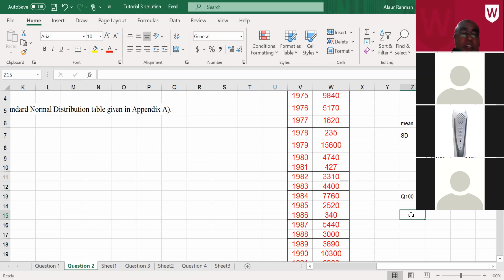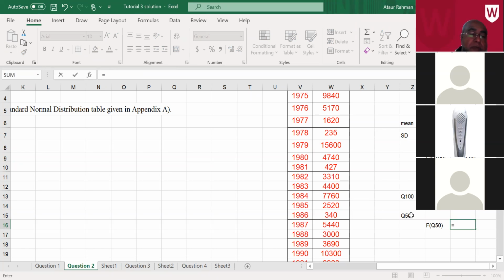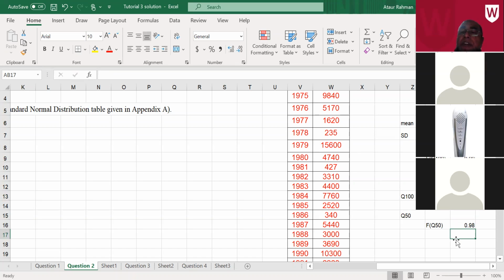So how can we find Q50 now? To find Q50, first we have to find the F value, is that right? The F value is 1 minus 1 over 50, which is 0.98.